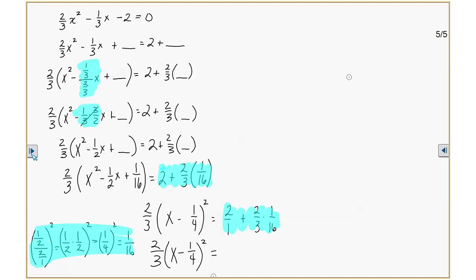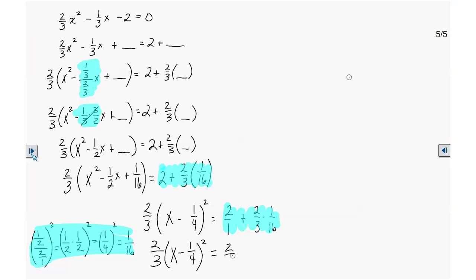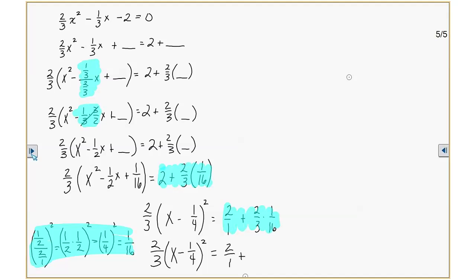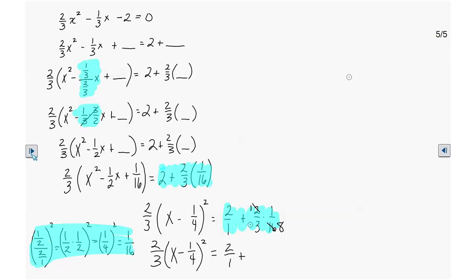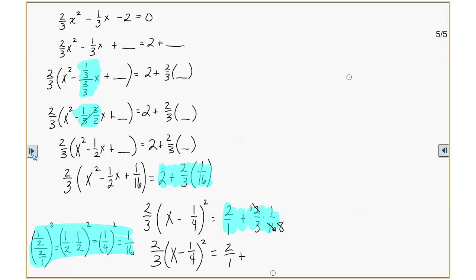2/1 plus, and what happens to that 2 and that 16? That'd be an 8? So it's really 1/3 times 1/8, which is 1/24.